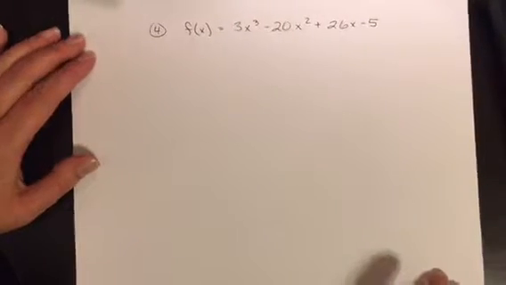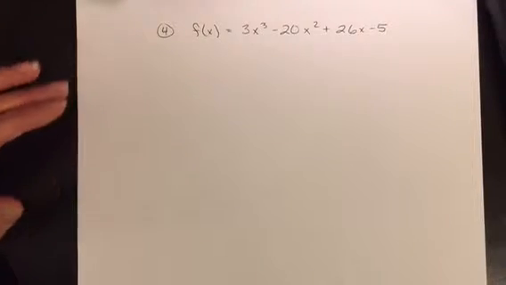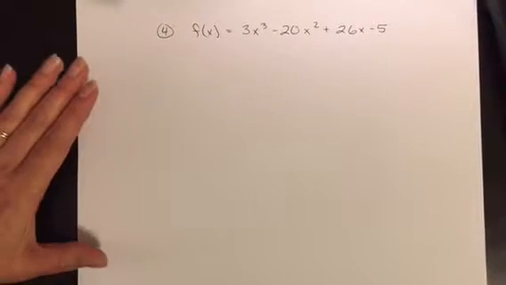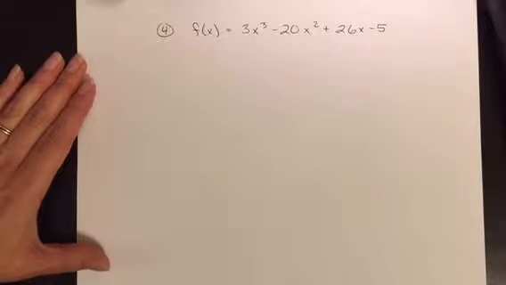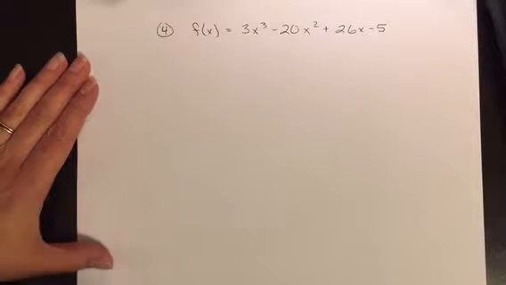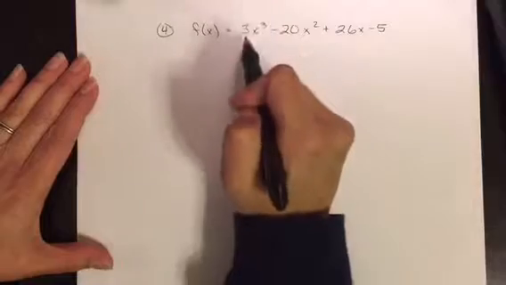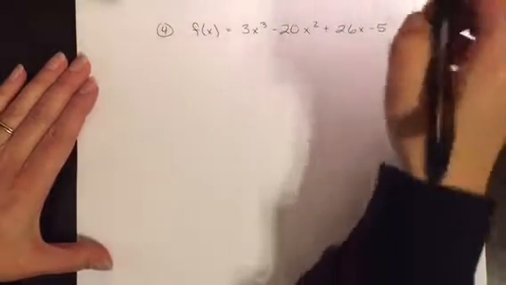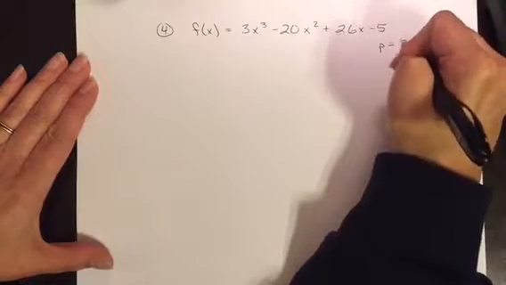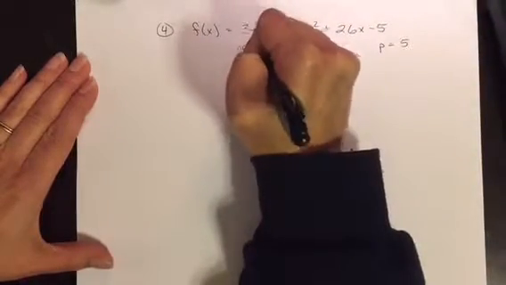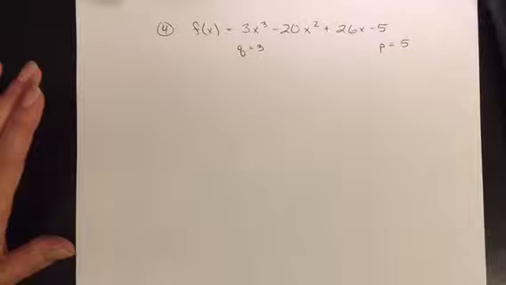All right, so second example here, we're going to go ahead and talk about our P and our Q. So when I'm looking at this, my P is equal to 5. My Q is equal to 3.